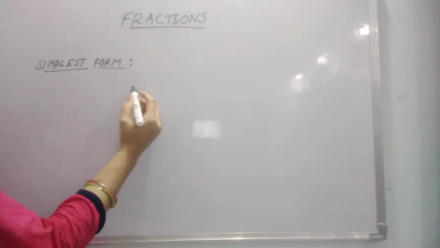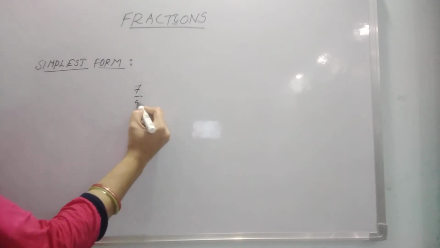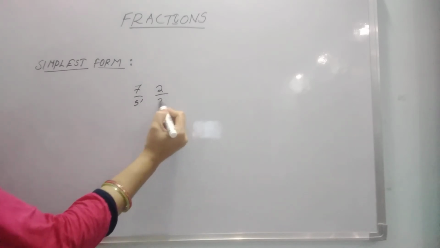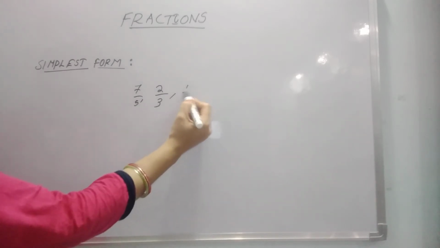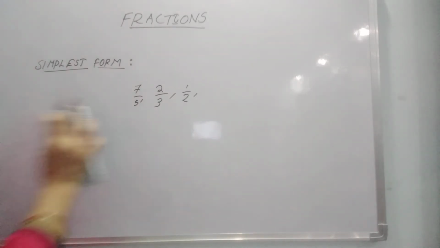What is a fraction? Fractions can be written like this: 7 by 5, 2 by 3, or 1 by 2.